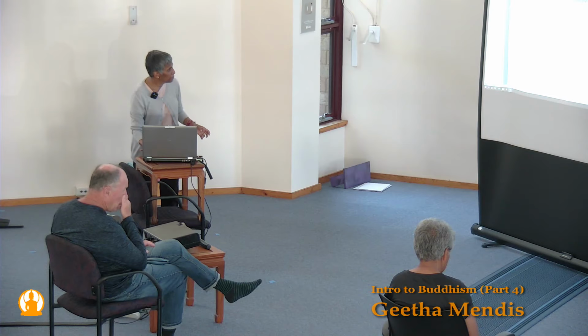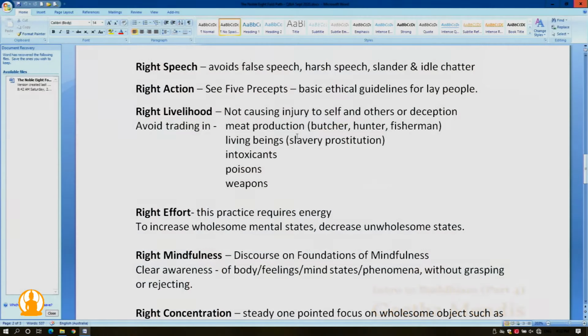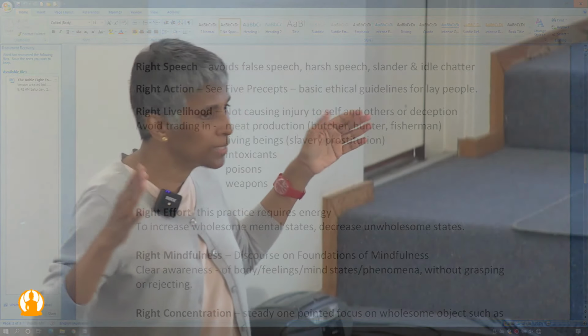Then we come to the last of the eight path factors, which is right concentration. Here, rather than maintaining a general, non-judgmental awareness, which you do in mindfulness, this practice is about getting the mind one-pointed, concentrated, a unified mind.